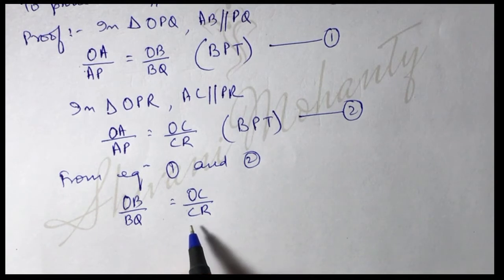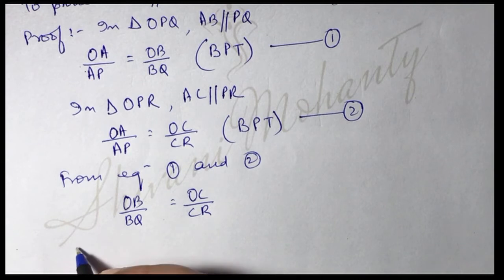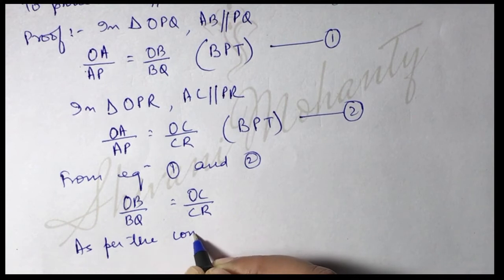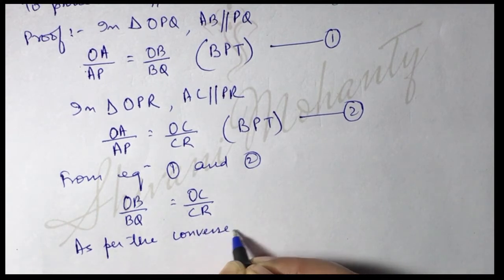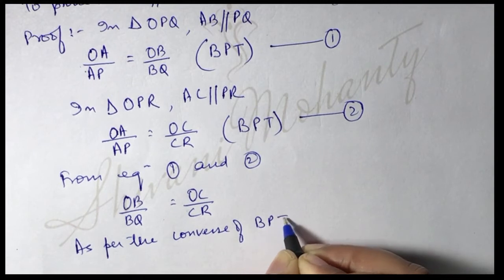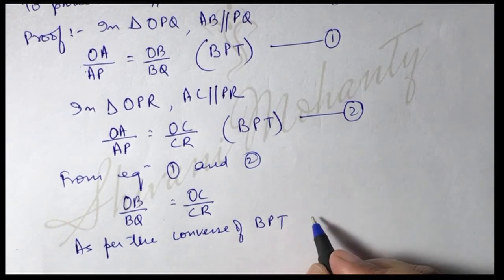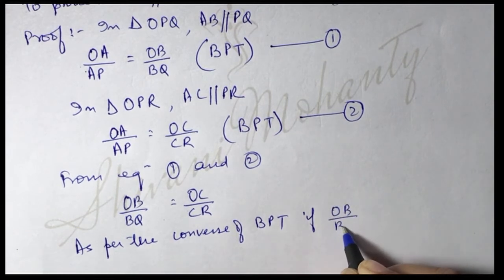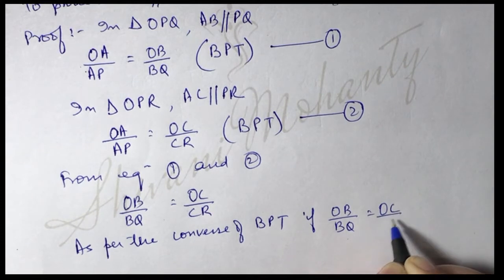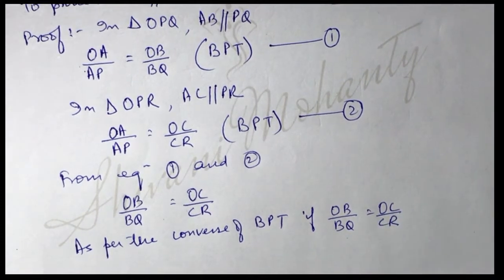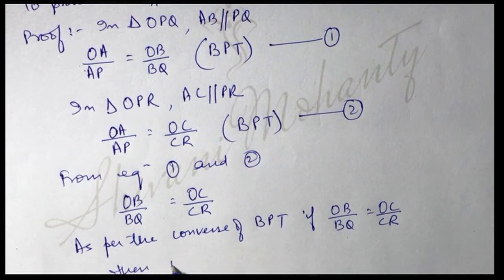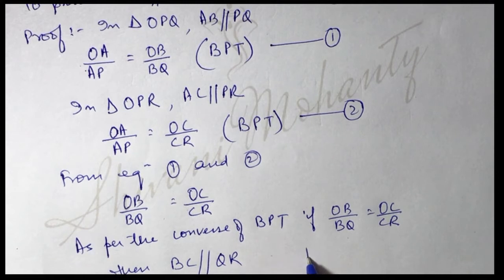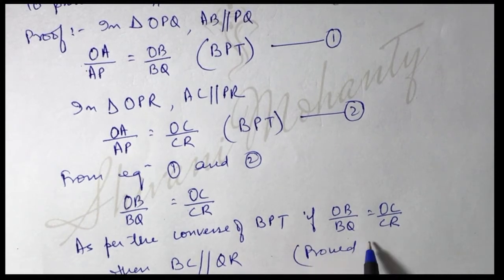So we say that as per the converse of the basic proportionality theorem, if OB by BQ is equal to OC by CR, then BC is parallel to QR. Okay, so this is proved.